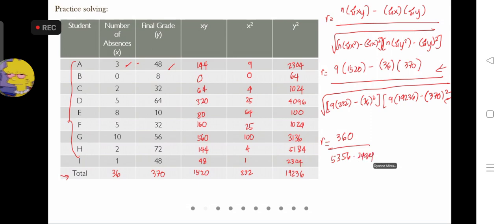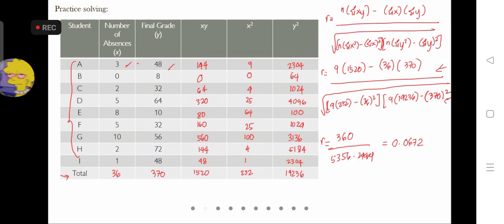So, pila man ang value sa R? Zero point 0672. 0.0672.